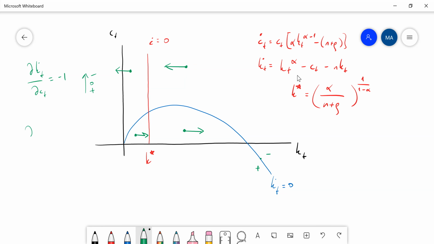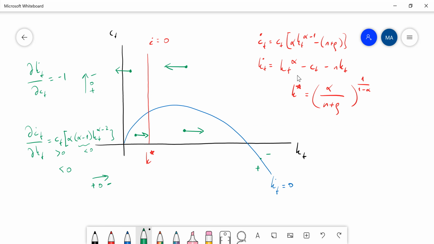Okay? Now, if I look at C dot T, I can take the derivative with respect to KT. That derivative is CT times alpha minus 1, KT to the alpha minus 2, right? So this derivative is always negative because CT is always positive, and KT is positive, obviously.